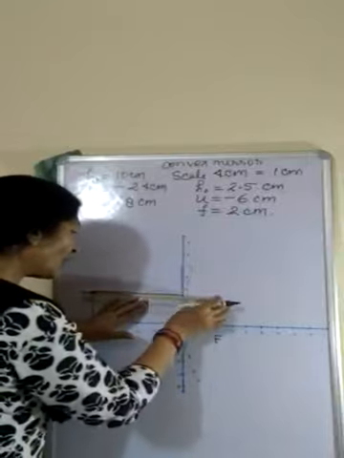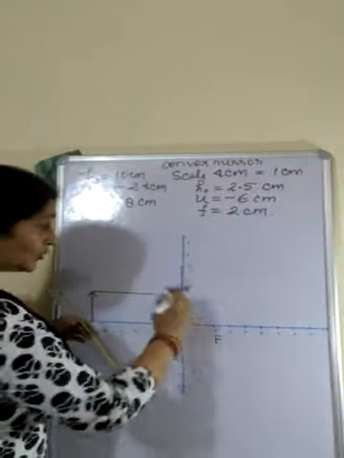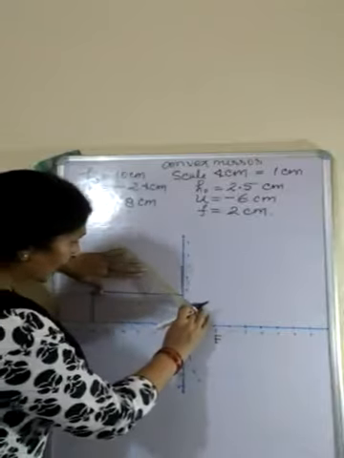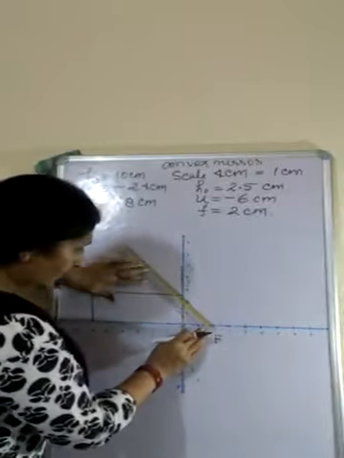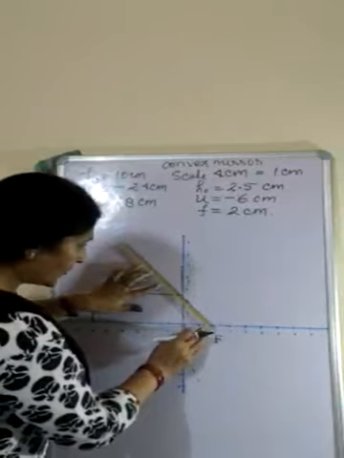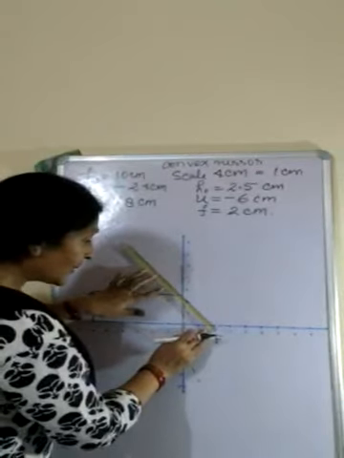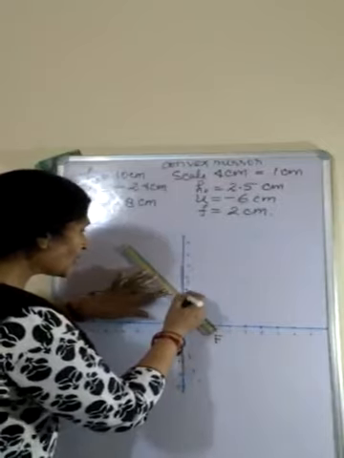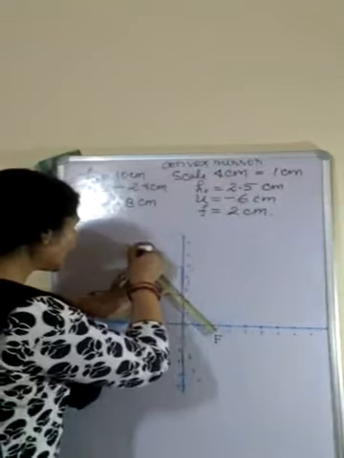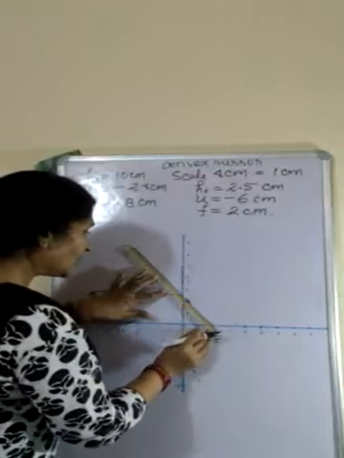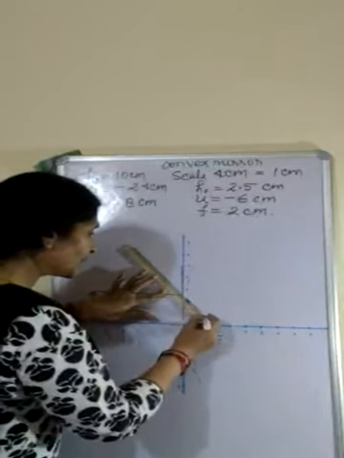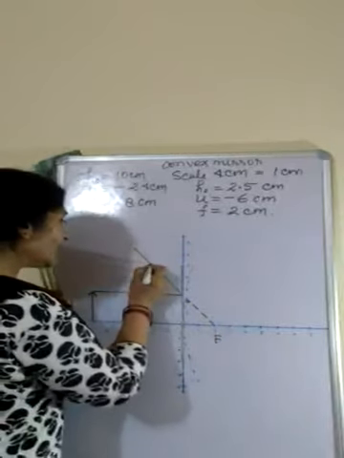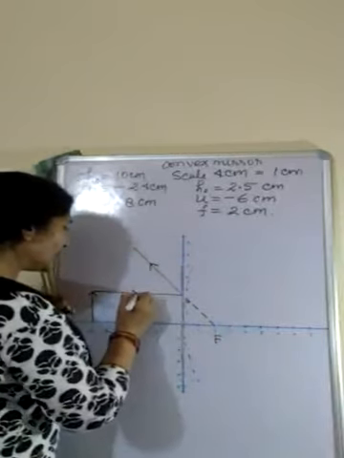After reflection, it will go in this direction because this is a convex mirror, and it should pass through the focus. When we reflect, extend it back, then it should pass through the focus. So we will draw it like this, and this side we will draw by dotted line, and this is your reflected ray. This is the incident ray and this is the reflected ray.